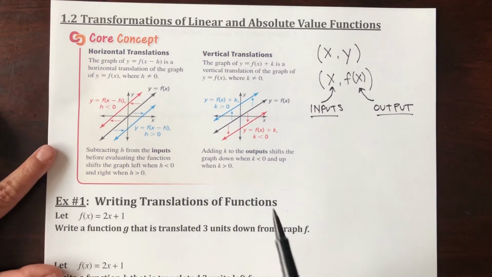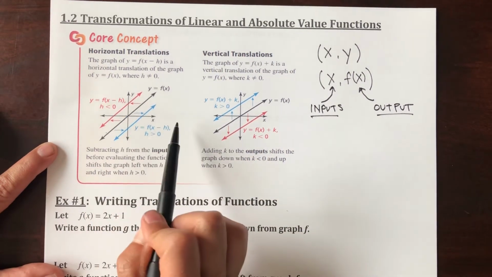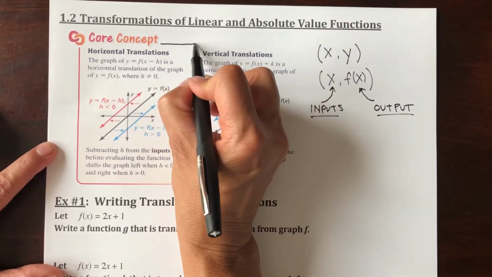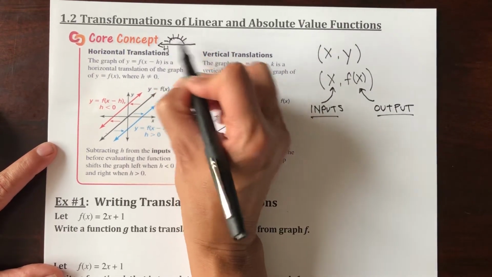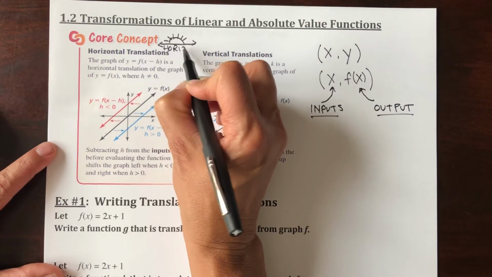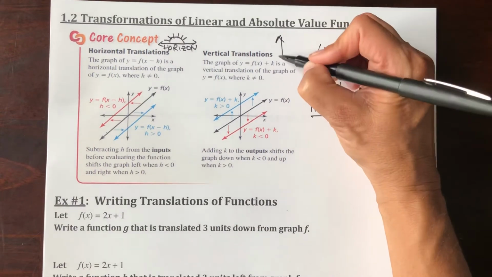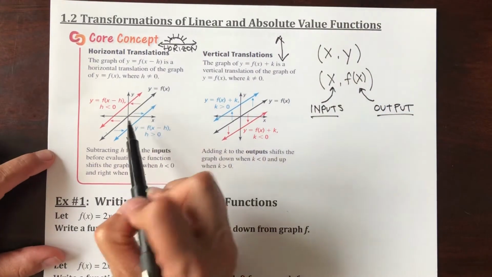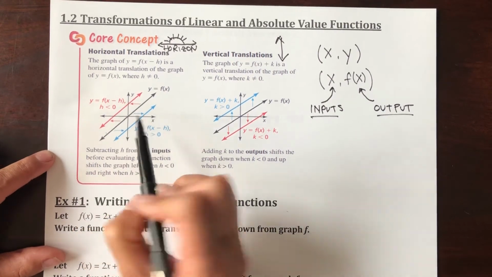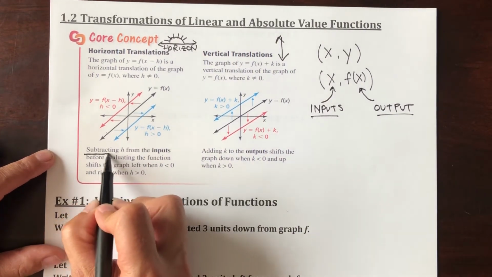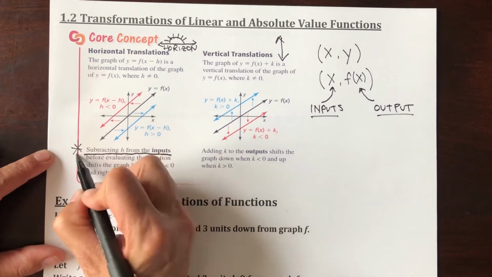All right, so when you're changing horizontal translation, left and right, you can remember it when the sun comes up, that's the left and right, just like the horizon. The horizon is flat, and vertical is up and down. So if we move something horizontally, we are going to be changing the x values. So we're going to be subtracting from the inputs, so I would write this down in your notes.